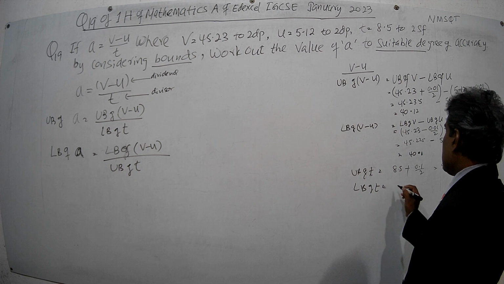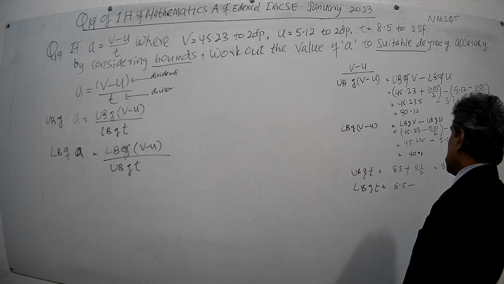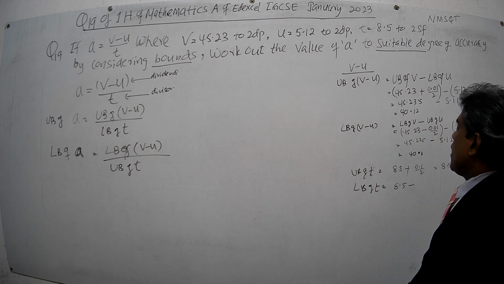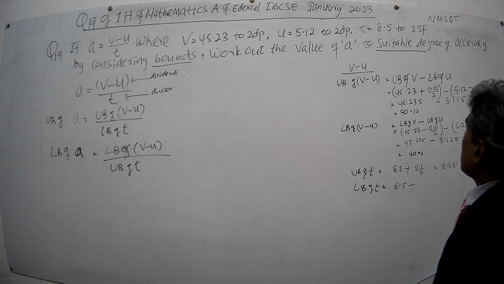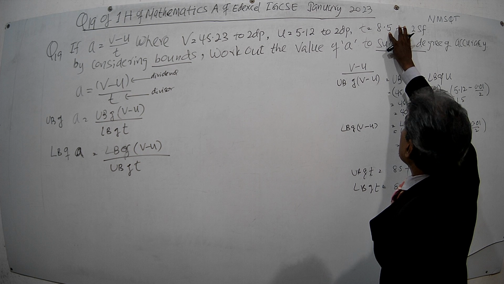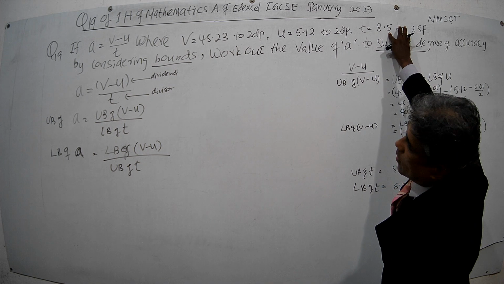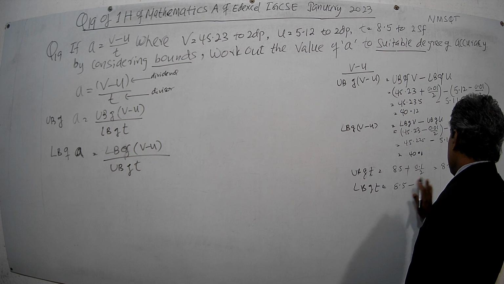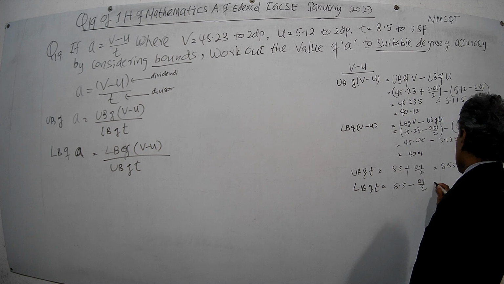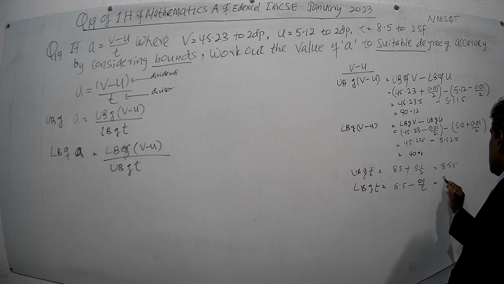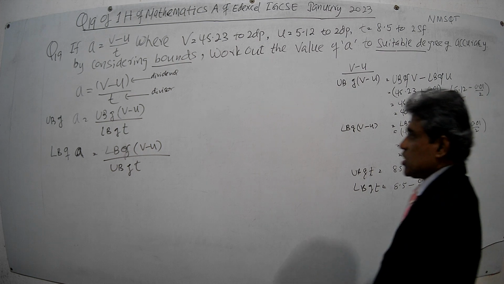The corrected value of T is 8.5, minus the degree of accuracy, which is the same as before. The second significant figure has its place value in the first decimal, so the degree of accuracy is 0.1, and 0.1 divided by 2. Then you get 8.45. That is the lower bound of T. Right, now you use this in this formula.